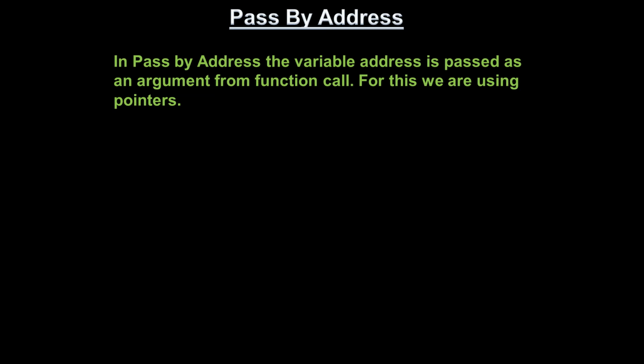In pass by address, the variable's address is passed as an argument for the function call. For this, we have to use pointers. We know that pointers are variables which hold the address of some other variable. So generally, how do we write a pointer?